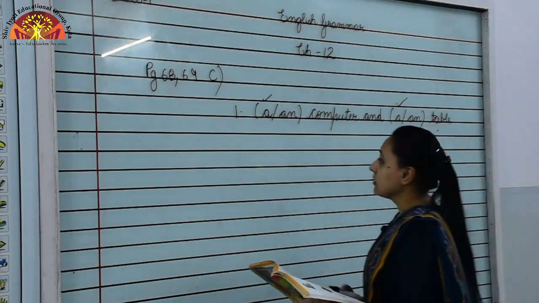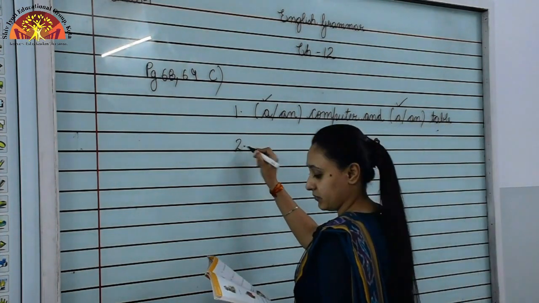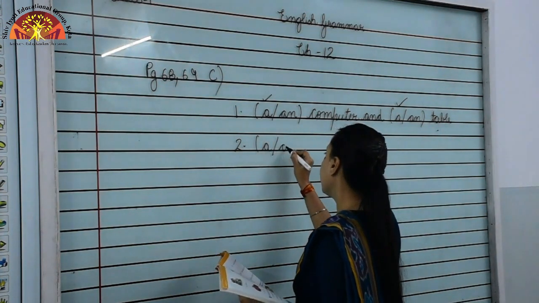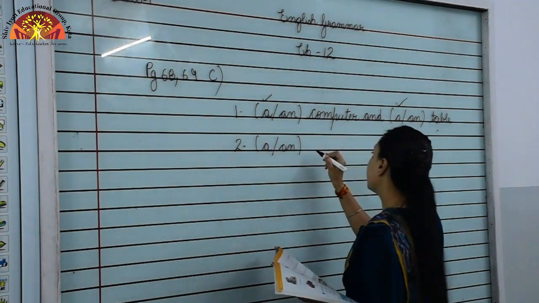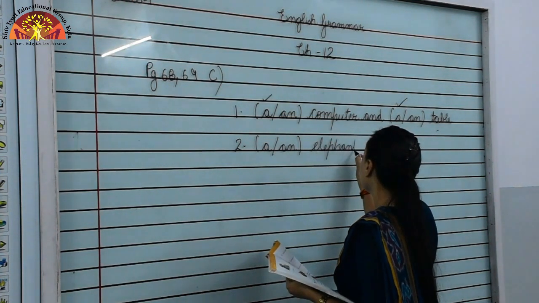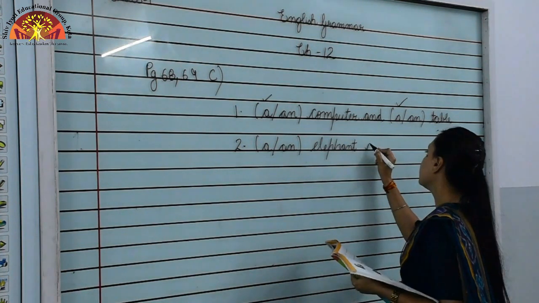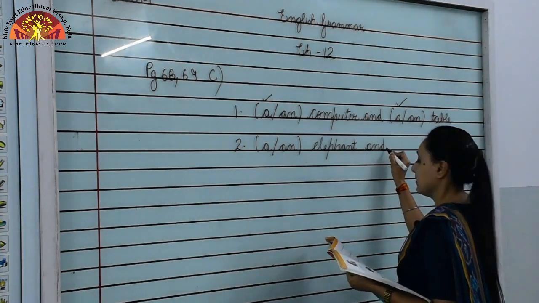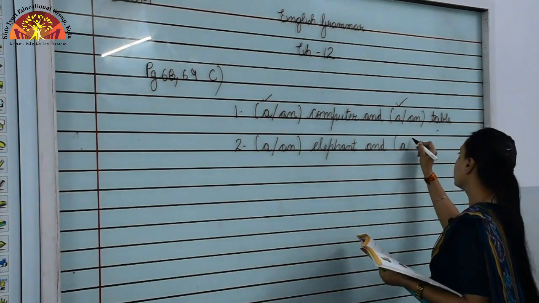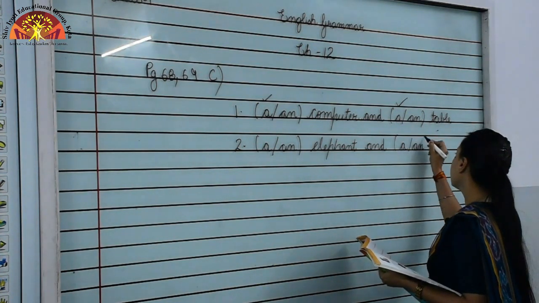Okay. Now, number 2. Options are a, n, elephant and a, n, rabbit.